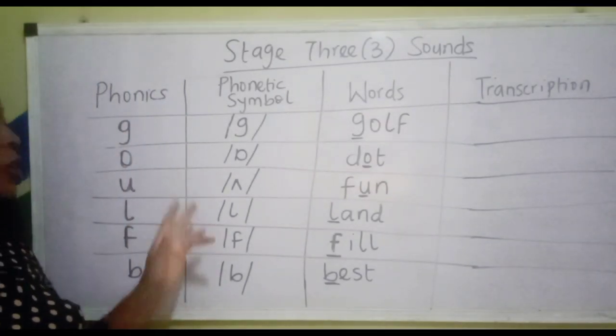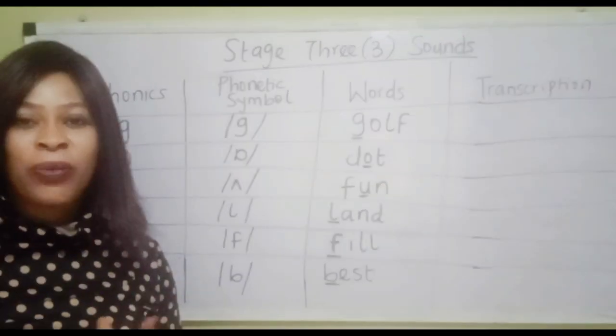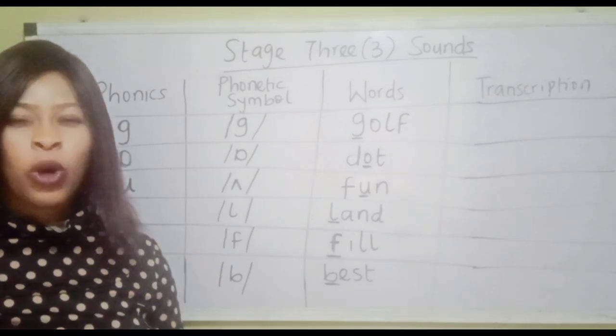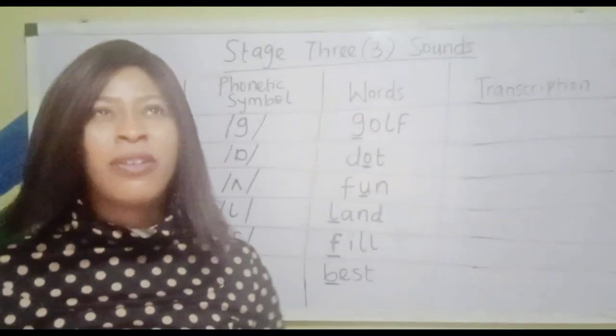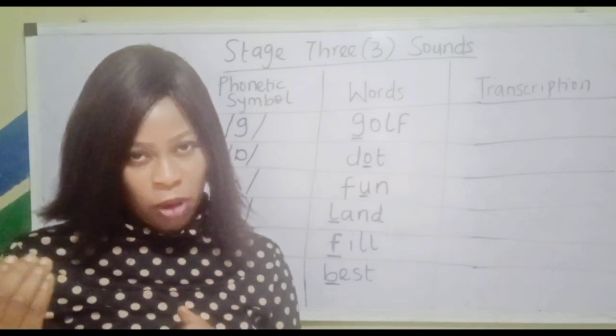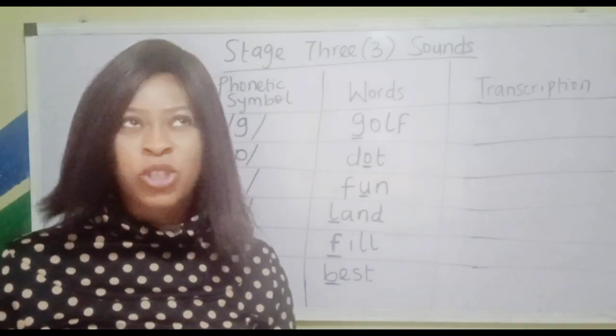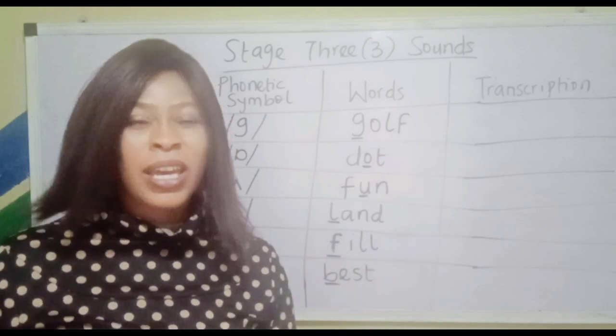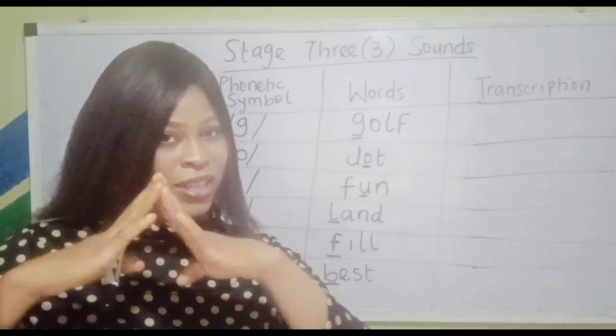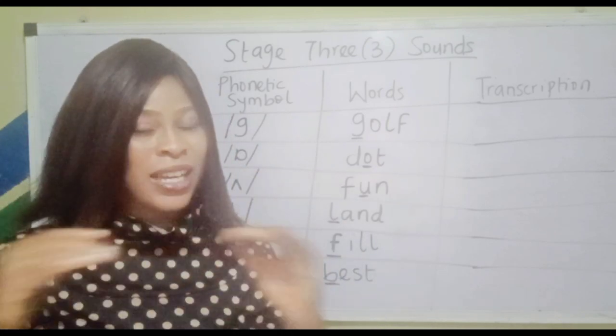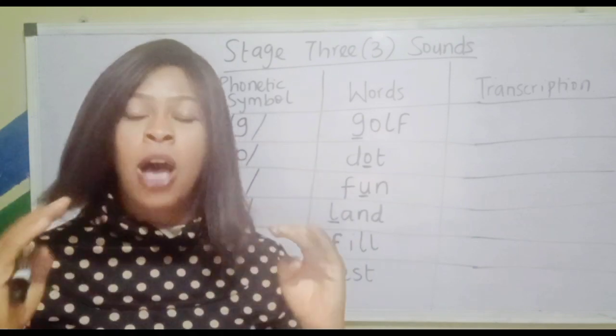The letter U is sounding as the short U sound. It's as if you're looking at the roof of your mouth. And so when you want to articulate it, you just remember your umbrella. The shape of your umbrella is like this, and you remember that the symbol is like a V upside down.